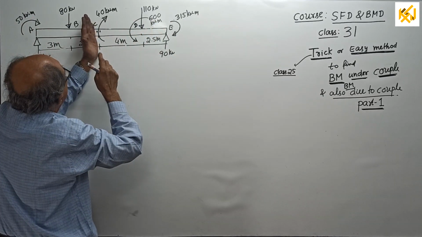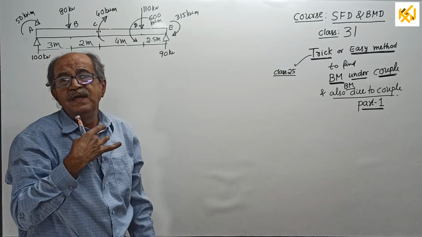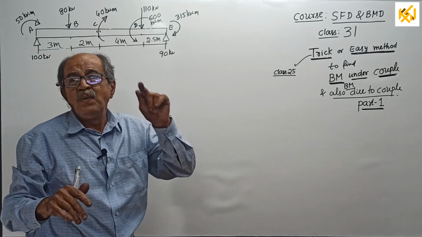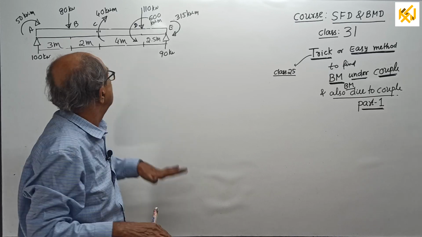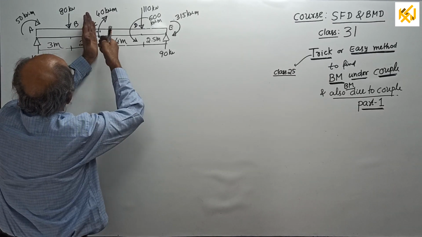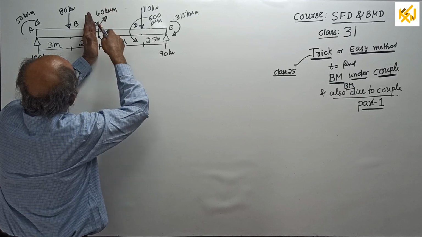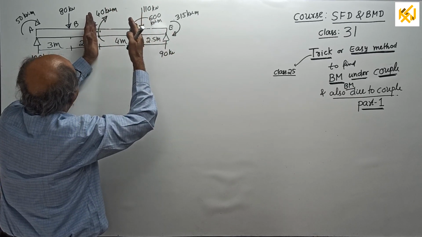Bending moment I want. Sometimes people will tell, see, this I am telling is not my idea, it is what students will think. I will talk the way students will think. 40 is going up. Plus, he told up is up.